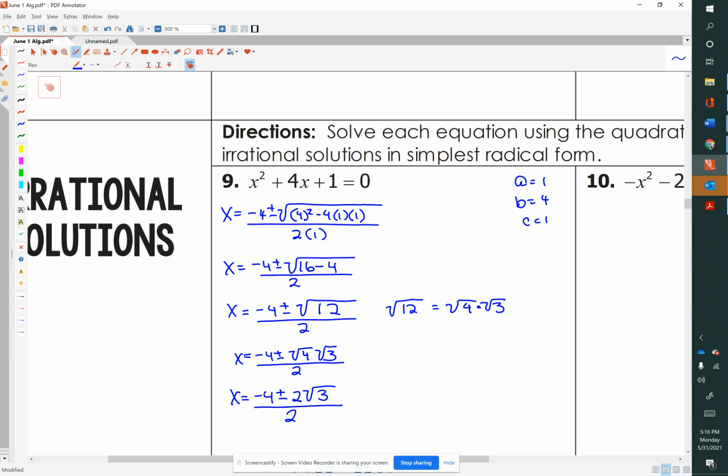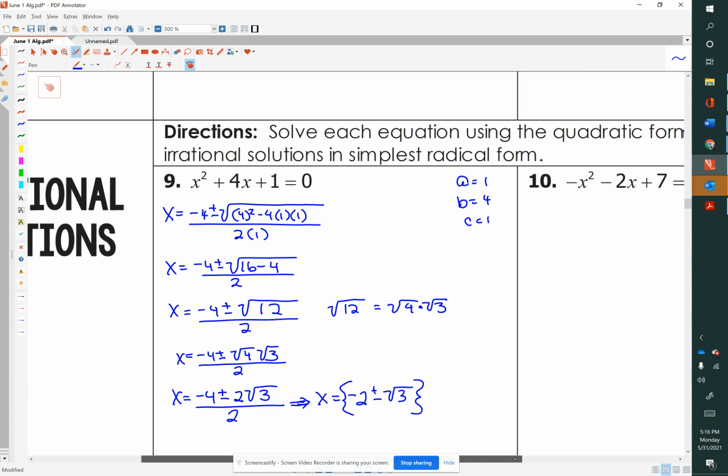And when we evaluate this, we will have x equals negative 2, because negative 4 divided by 2 is negative 2, plus or minus the square root of 3. And that's our final answer.